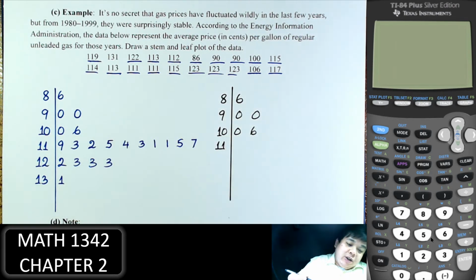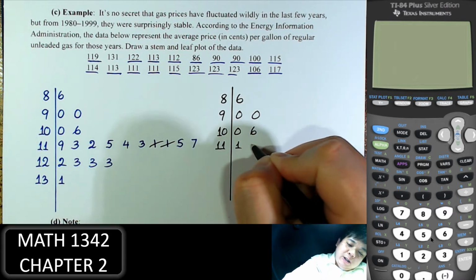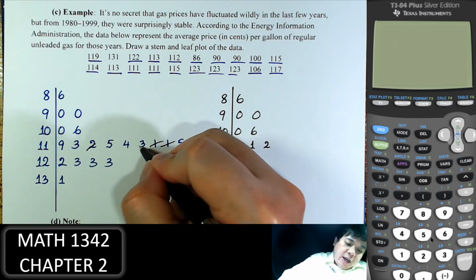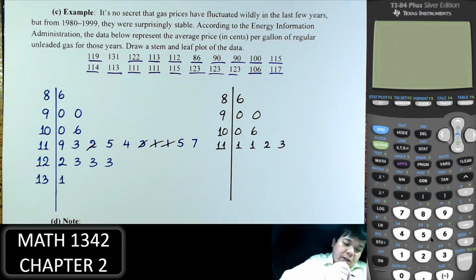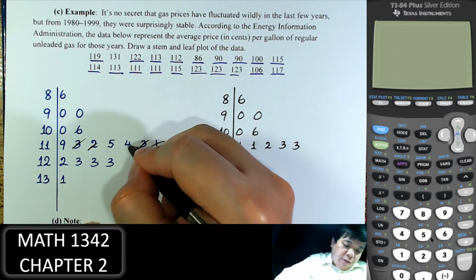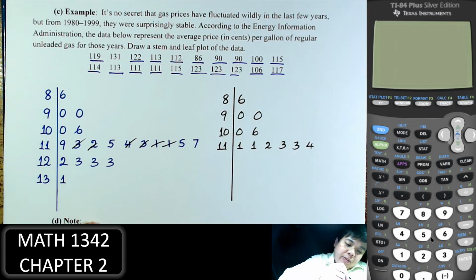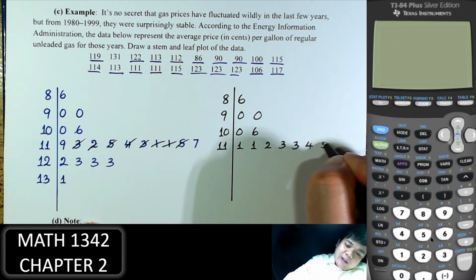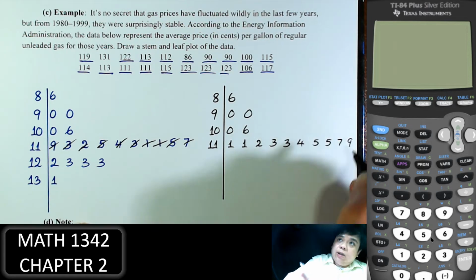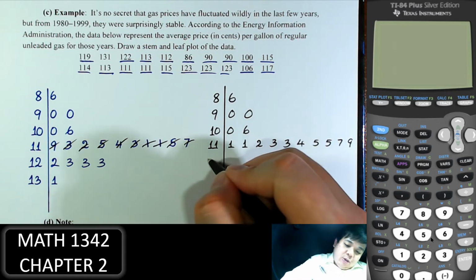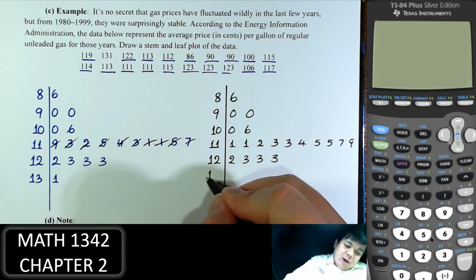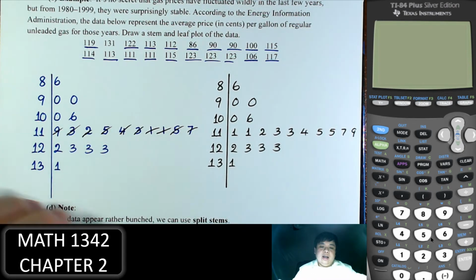This we have to put in increasing order: 1, 1, 2, 3, 4, 5, 5, 7, and 9. And then the 120s, which are already in increasing order. And then 131. Right, so this is the answer.